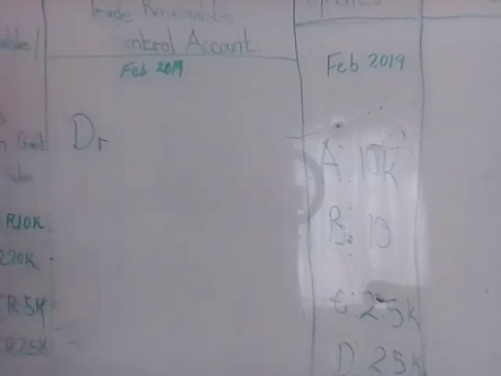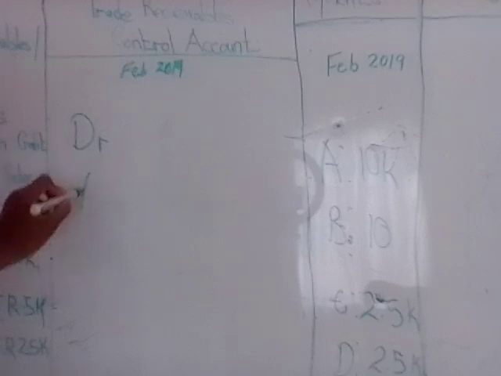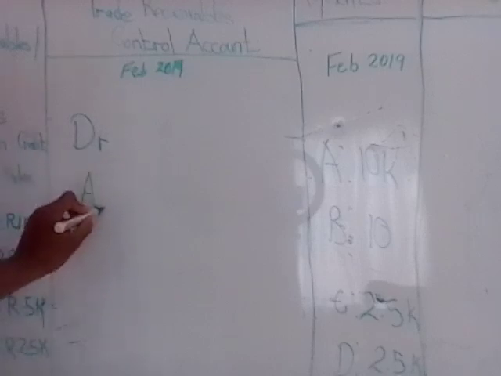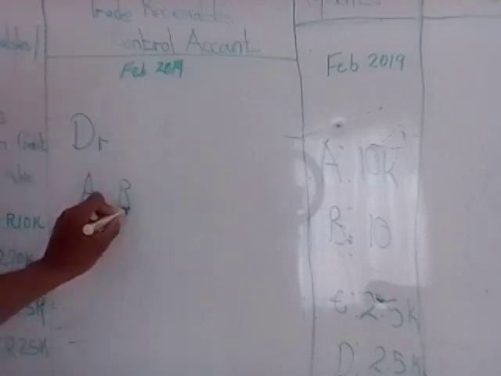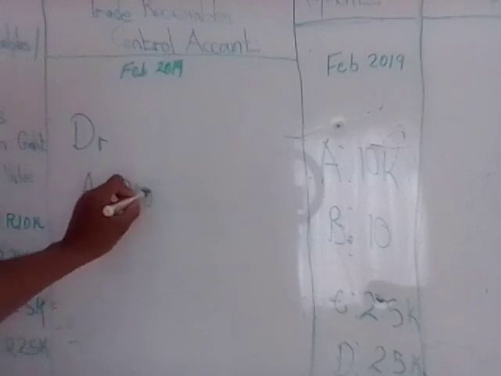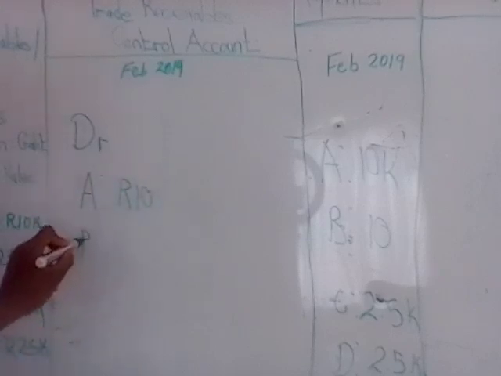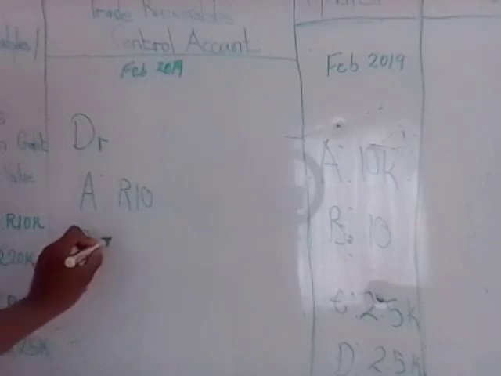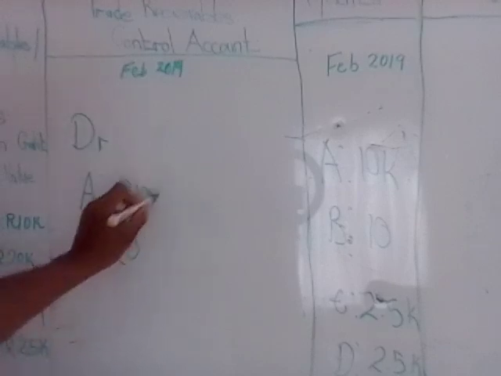We would have recognized an asset for A of 10,000 rands because that's what he bought for. For B, we would have recognized an asset of 20,000 rands because that's what he bought for.